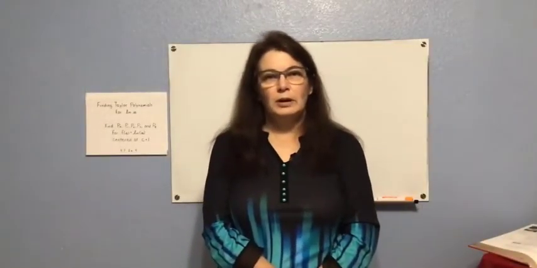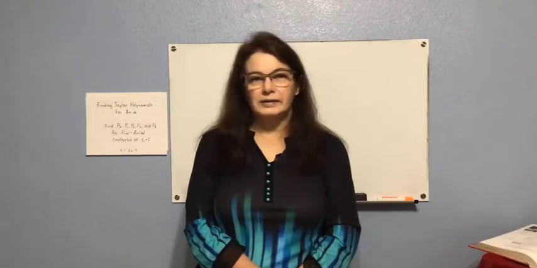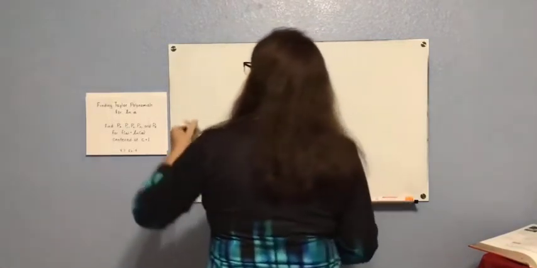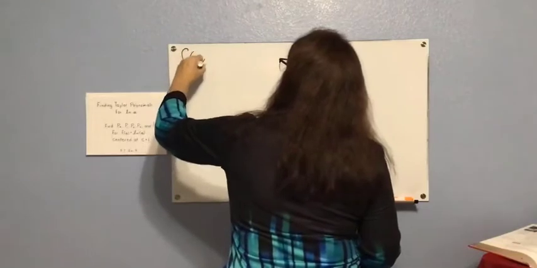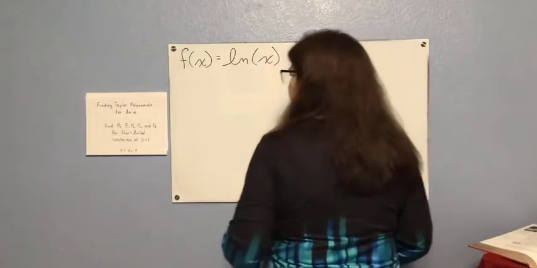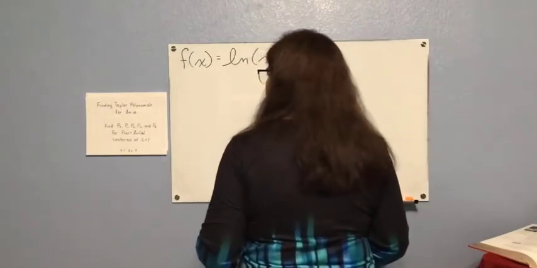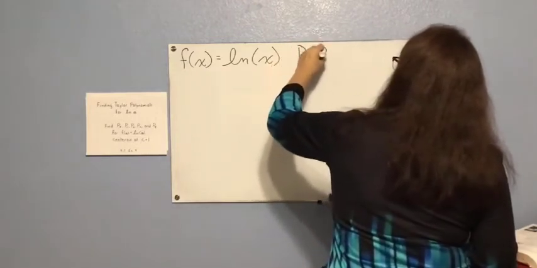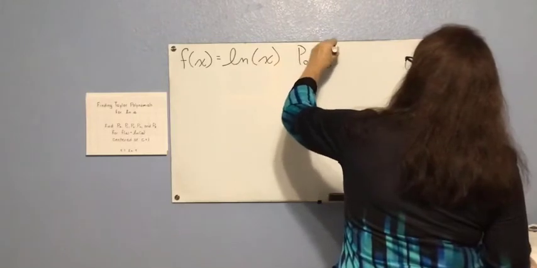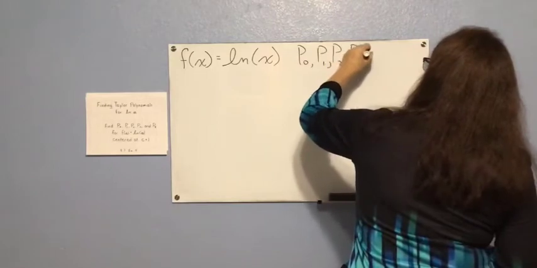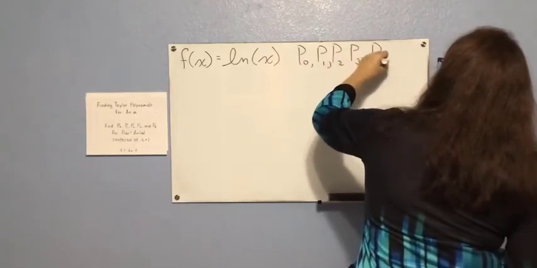In this example, we're going to look at the function natural log of x instead of e to the x and find a Taylor polynomial for it. So I have f of x equals natural log of x, and I want a Taylor polynomial. Actually, I want to find p sub 0, p sub 1, p sub 2, p sub 3, and p sub 4.